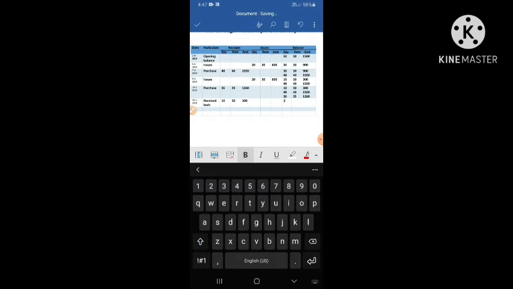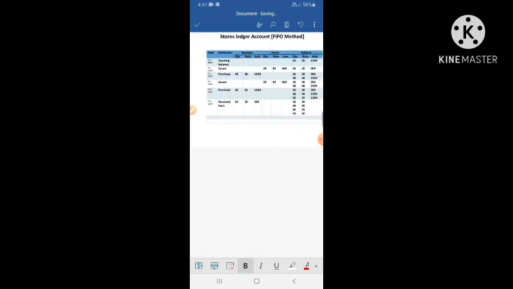So first we should write the previous balance: 48, 36, 10 in red. Rates: 30 per unit, 40 per unit, 35 per unit, and 30 per unit.